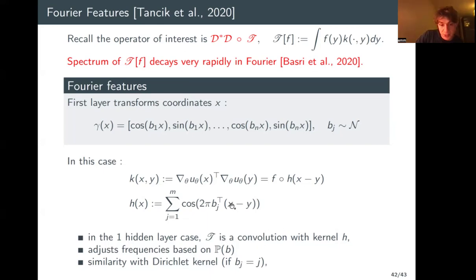Since we're going to evaluate it at x minus y, this kernel integral operator is just going to be a convolution with a certain kernel. And this kernel is going to be the Dirichlet kernel if we have our frequencies which are integers going from 1 to n. And if not, we can see how it's going to specifically penalize certain frequencies based on the distribution we're going to sample the b's from.